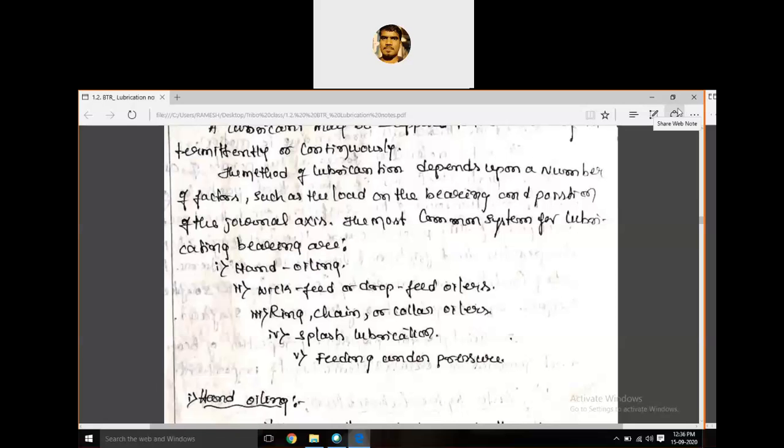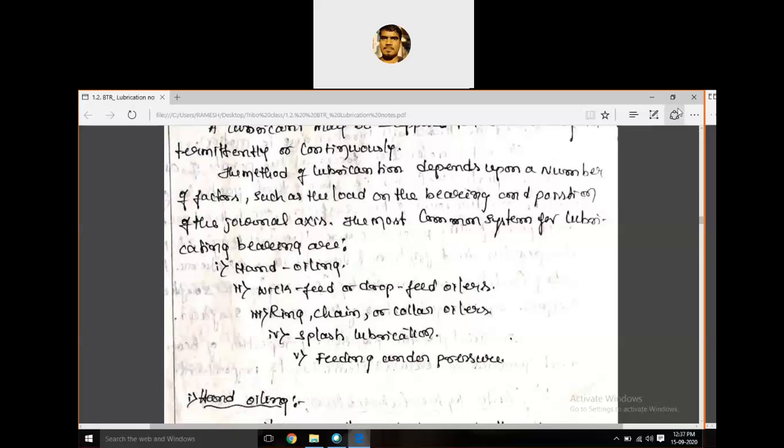Oil is generally applied periodically. If grease is used as a lubricant, it may be supplied to the bearing by forcing it from a compression grease cup or by means of a pressure gun. You have already seen this in the oiling of some automobile parts, or in oiling the notches, or oiling tailoring machines.